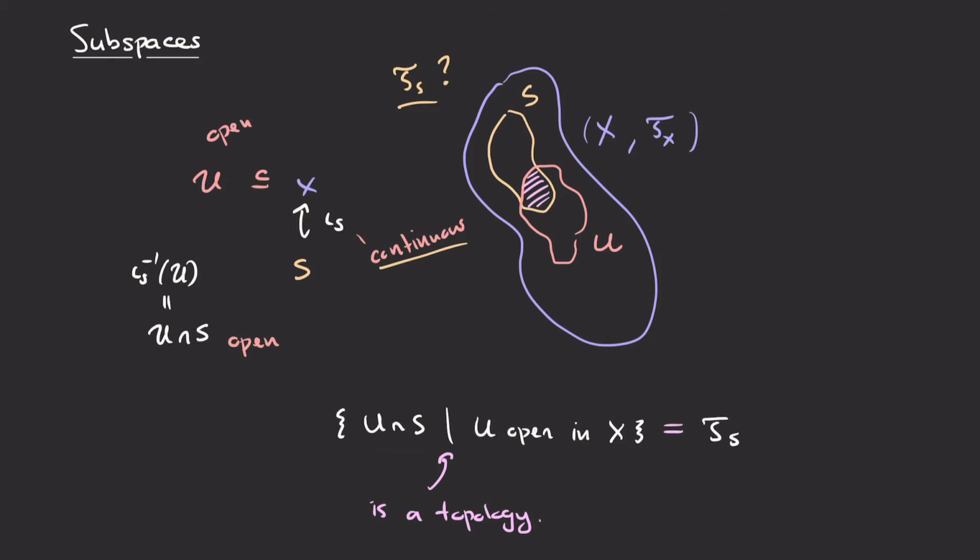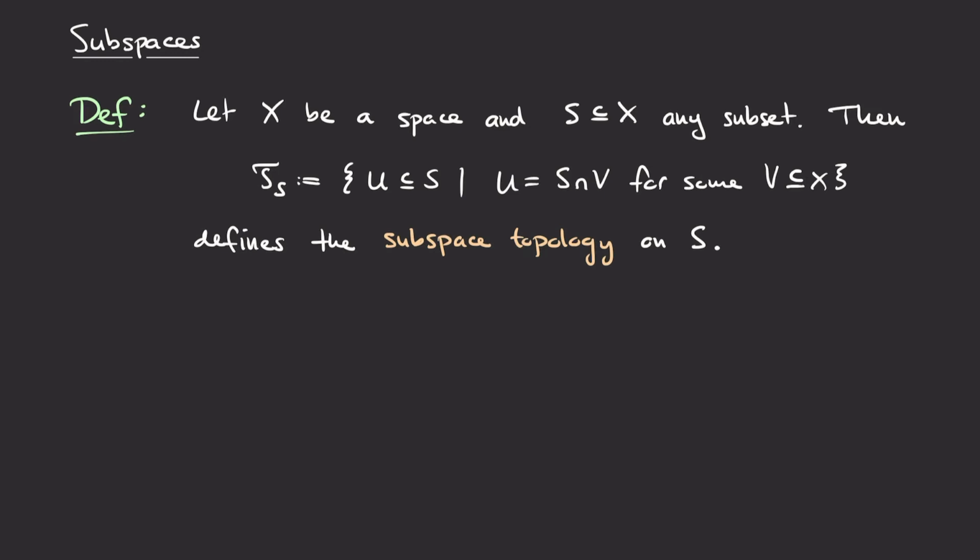All right, so let's recap by stating the official definition for the subspace topology. So we let X be some topological space and S be an arbitrary subset of that space. Then we define this topology on S, which is called the subspace topology, as follows.